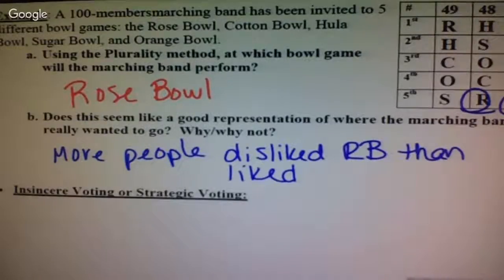This falls under insincere or strategic voting. You will find this a lot once you become actual voters. Normally we've got 2 parties, the Republicans and the Democrats. And then you've got some independent people that like to jump in there and see if they can win. Even though you may like that independent person a lot and you really want them to win, most of the time you don't pick them. Why? Because they don't stand a chance, because nobody else is going to vote for them.